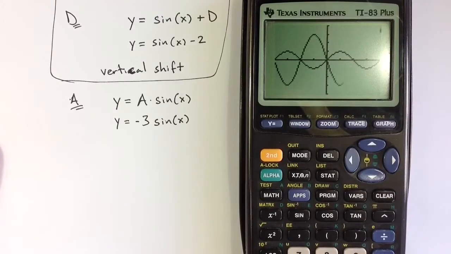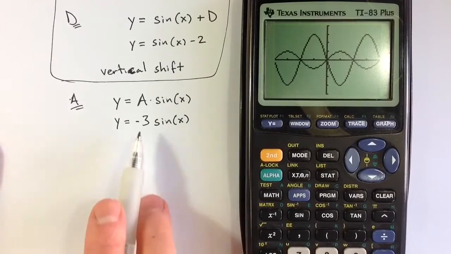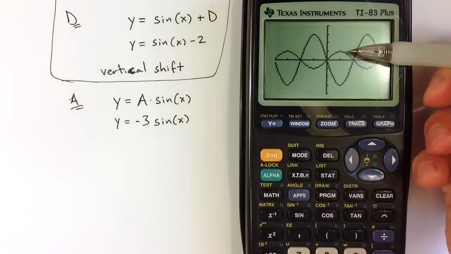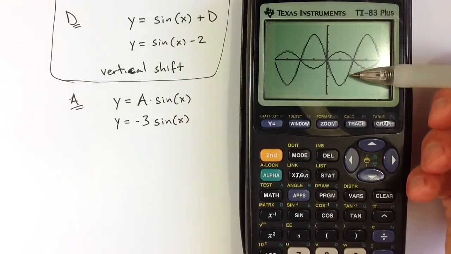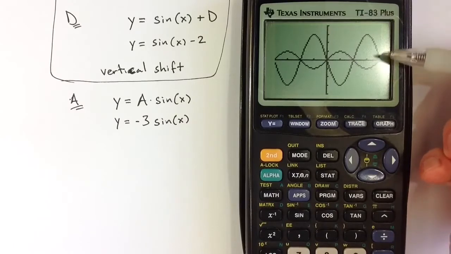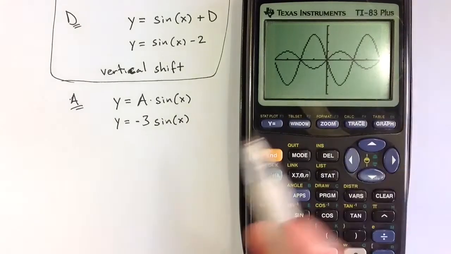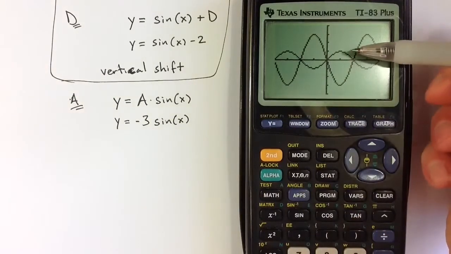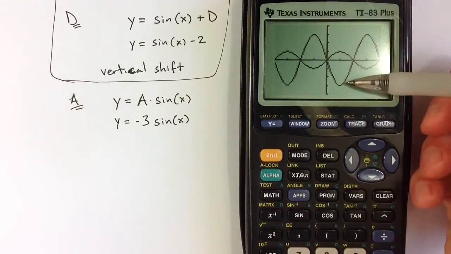A couple of things become apparent. Because there's a negative sign in front, whenever the original sine function was positive, above the x-axis, whenever the y values were positive, they're now negative. Wherever they were negative, they're now positive. Because there's a 3, when the graph used to reach +1, now it reaches -3.